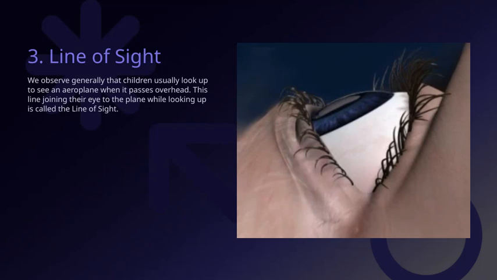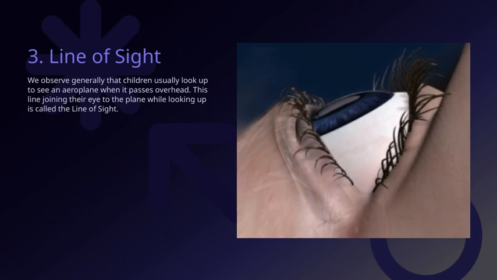Now, let's look at something quite simple, but really important in understanding how we see objects: the line of sight. When children see an airplane flying overhead, what do they naturally do? Exactly, they tend to look up. And what we observe is that the straight line connecting their eyes to the airplane at that moment is called the line of sight.